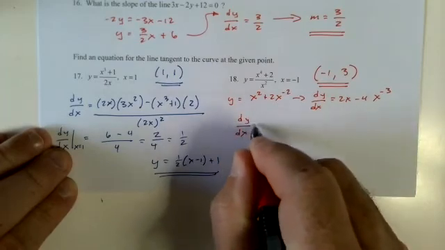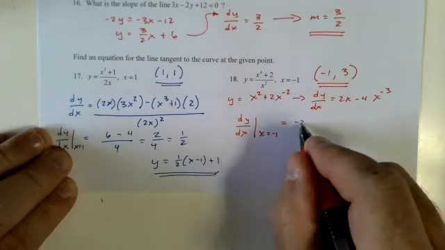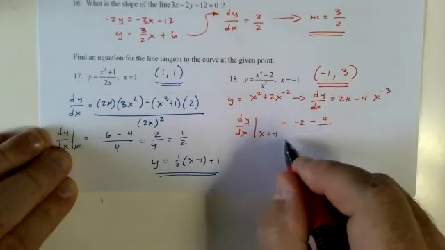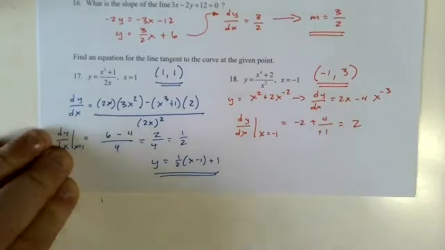I don't have to change anything because I'm just plugging in -1, -2, minus 4 over -1 to the 3rd is -1. 2.